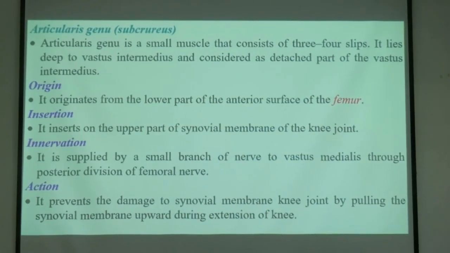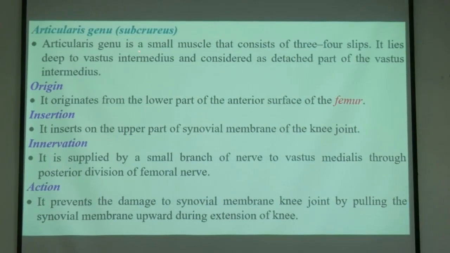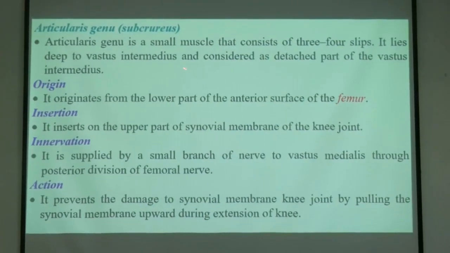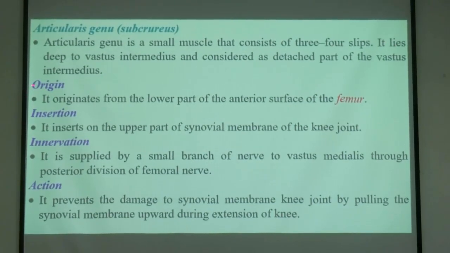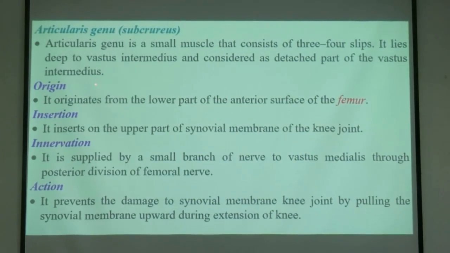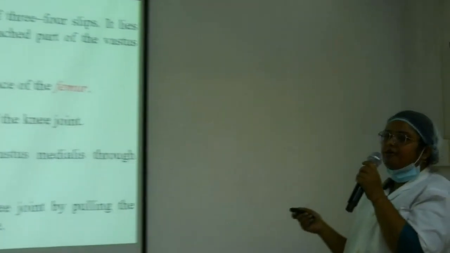Next is articularis genu, also known as subcrureus. Articularis genu is a small muscle that consists of 3 to 4 slips, and it lies deep to the vastus intermedius, considered as a detached part of vastus intermedius. It originates from the lower part of anterior surface of femur.